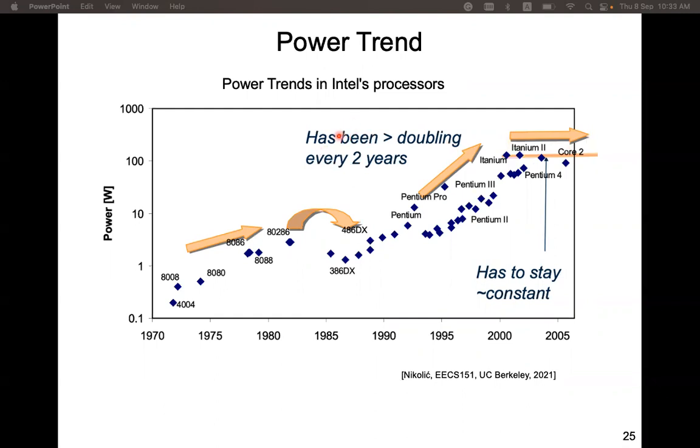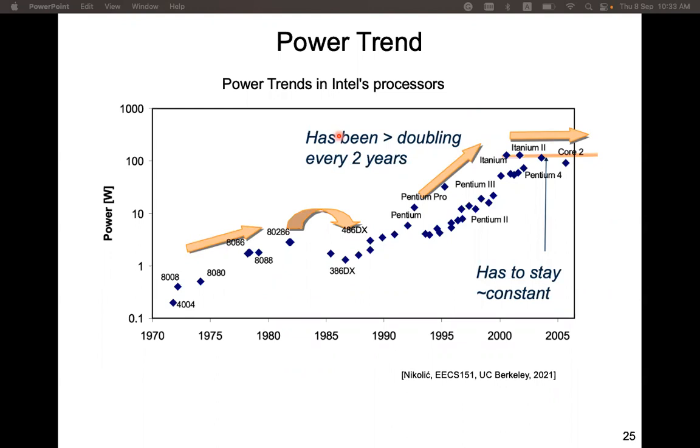We know that power is closely related to the clock frequency. The power consumption of a digital chip contains two parts: leakage power plus dynamic power. Leakage is static power.